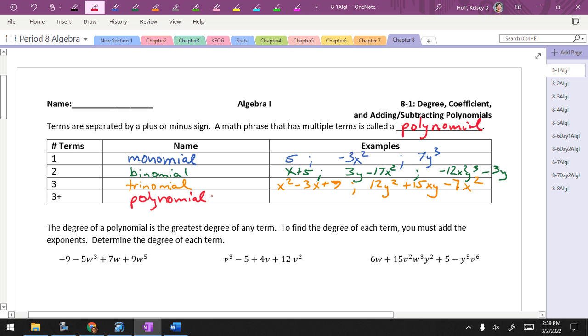And I'm going to give you a really nasty long one. Ready? 15y cubed minus 7y squared plus 12xy minus xy squared plus 3. Every time there's a plus or minus sign, you have a new term. So technically this has 1, 2, 3, 4, 5 terms.